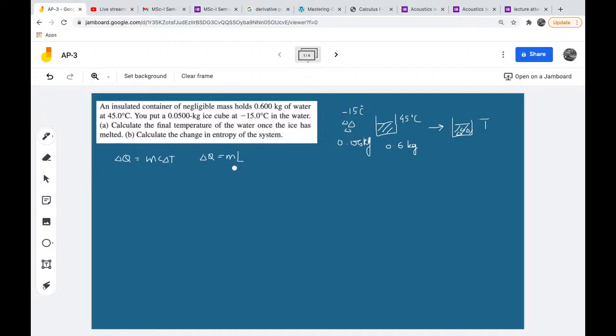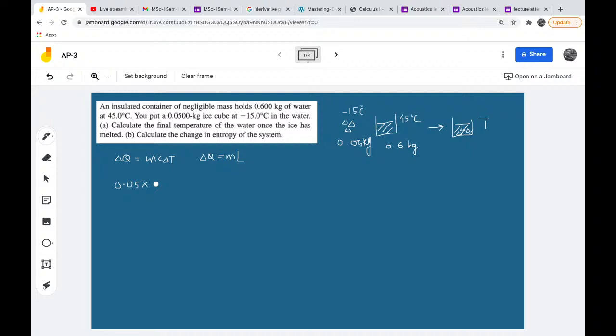Let me simply write the values straight away. First, the ice heating up from minus 15 to 0 degrees Celsius. So it will be m, 0.05, into the specific heat of ice.